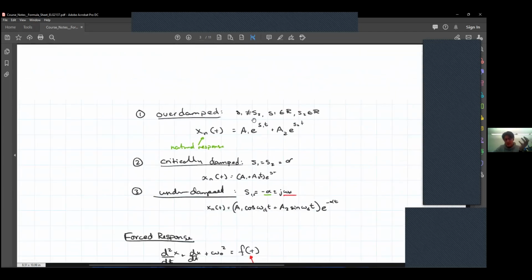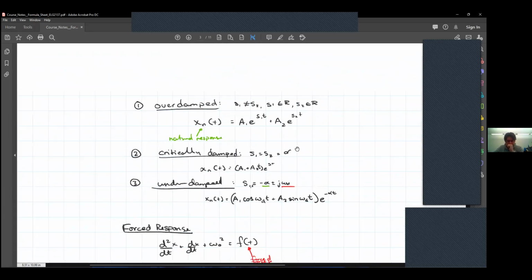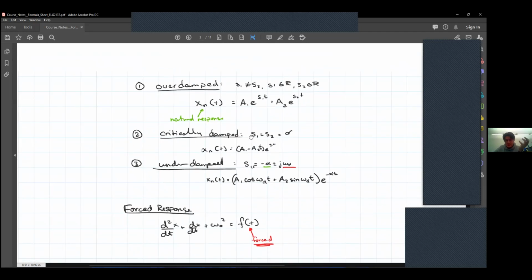Overdamped is when you have unequal roots or unequal solutions to S in the operator function, but they're both real. And thus the natural response will be a sum of them with two constants that you're looking for, A1, A2, S1, S2. You know S1 and S2, you don't yet know A1 and A2, but you can find those. Critically damped is when you have S1 and S2 being the same.